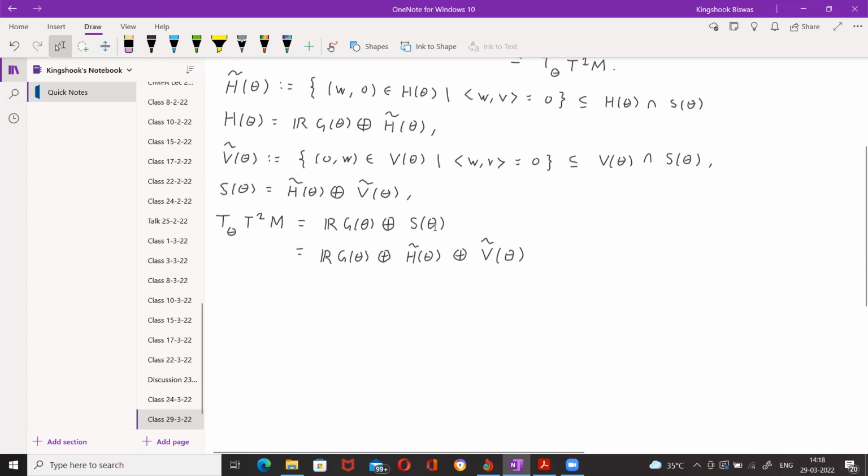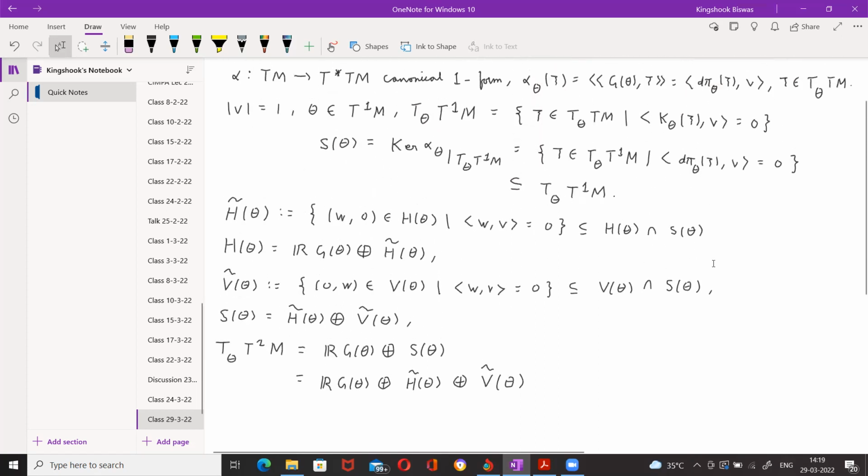Is this clear? Yes, because G theta belongs to T theta T1M and S theta is nothing but G theta perp, right? Inside T theta T1M, S theta is, if you look at the definition, the kernel of alpha. So alpha is inner product with G theta.